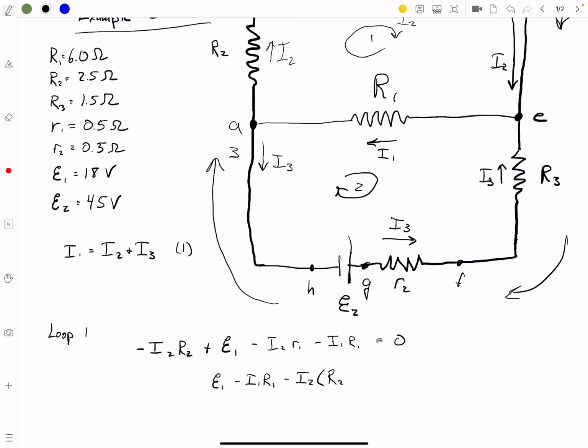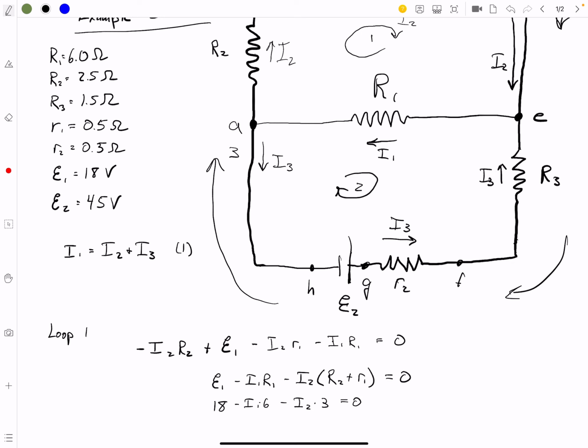So I'm factoring out negative I2 on those guys. That equals that. Now we can put in what the EMFs are and the other values. We don't know what I1 is, but we know what R1 is, and that's 6. And we don't know what I2 is, but R2 plus r1 is 2.5 plus 0.5, that's 3. So 3, and that equals 0.